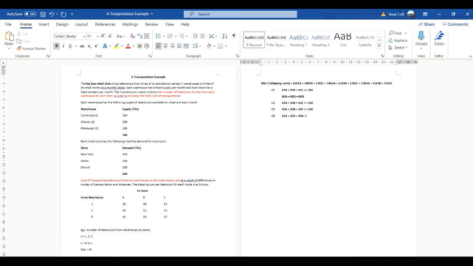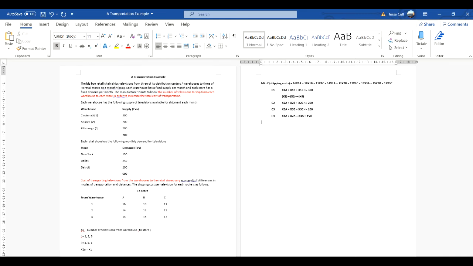And that must equal 150. So the goods shipped from warehouse 1 to A, 2 to A, and 3 to A must equal 150. Anything else doesn't work. That is our only possible solution in this situation.